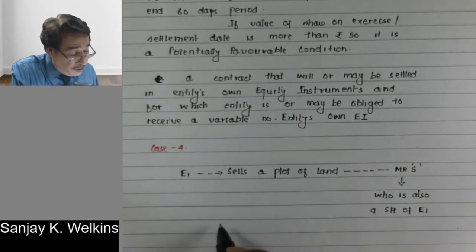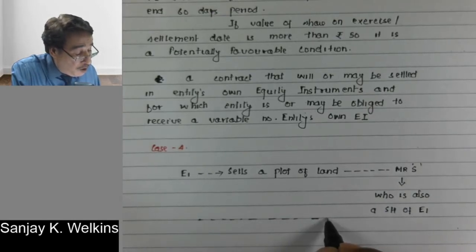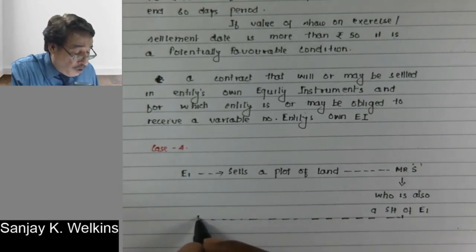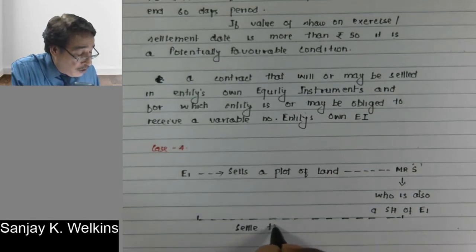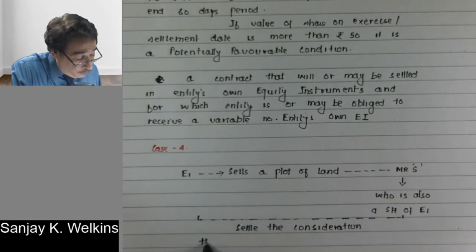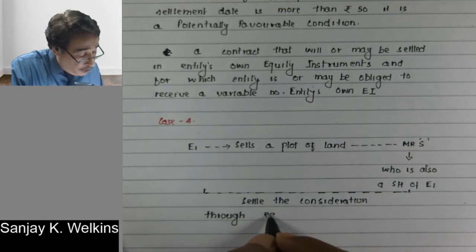Now, this shareholder says that, well, I will pay the consideration, and there is a mutually agreed contract, let us say, between E1 and this shareholder for this transaction. So E1 tells that he will settle the consideration through equity instruments.